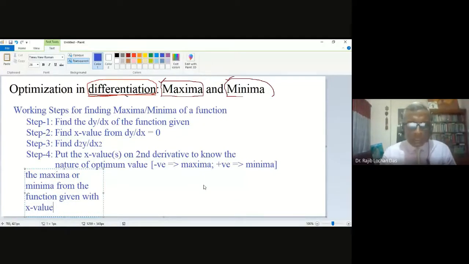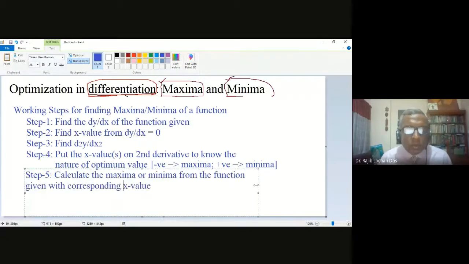I can write corresponding x value, so it will be more meaningful. So this is actually step number 5.